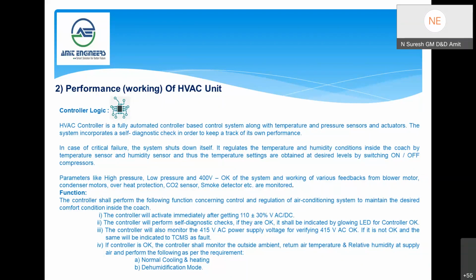The controller shall perform the following functions concerning control and regulation of the air conditioning system to maintain the desired comfort condition inside the coach. This train has an additional new feature, that is TCMS. The faults will be displayed in the TCMS. This controller has those features.